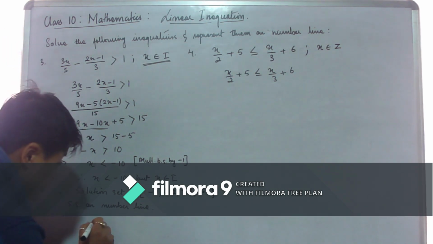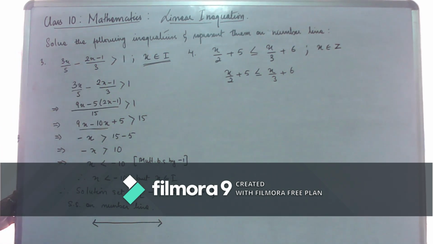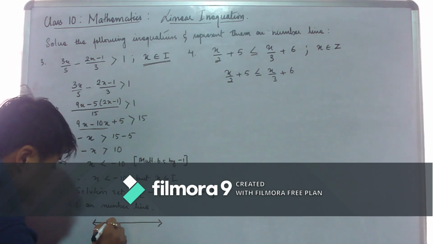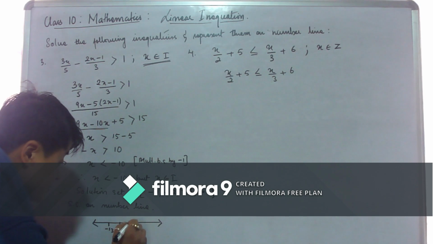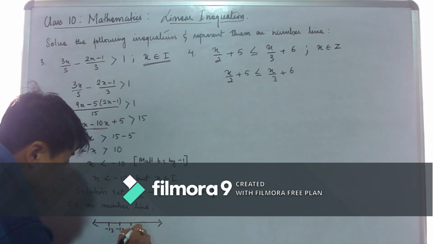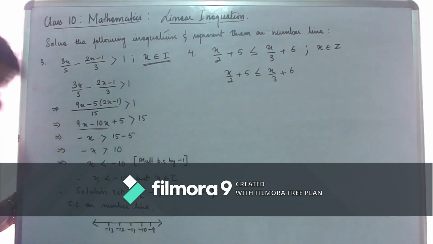It will be represented by, you draw the line with arrows on both sides. So here are your numbers. Here is minus 13, minus 12, minus 11, minus 10, minus 9, and so on.